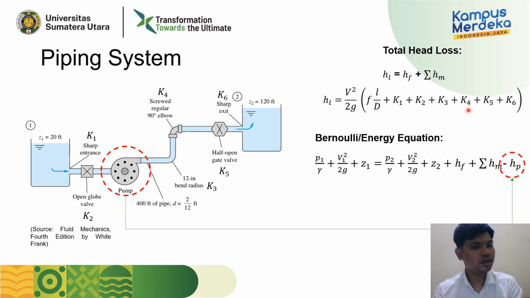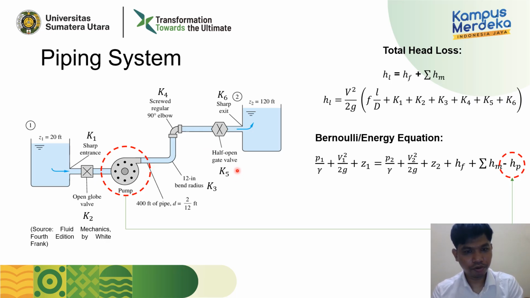Why do we have 6? We can see from this picture. First, we have a sharp entrance here, so we have K1. We also have a globe valve, so this will be K2. We have here an elbow, this will be K3. We also have another elbow here, regular screwed elbow, this will be K4.